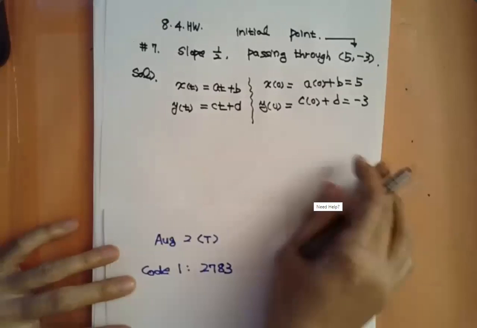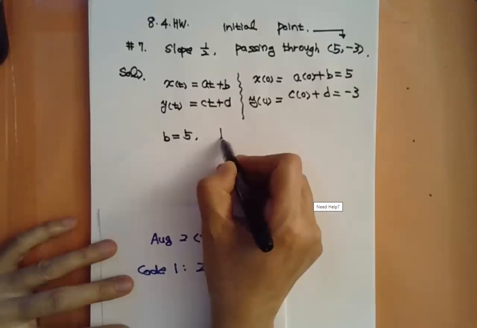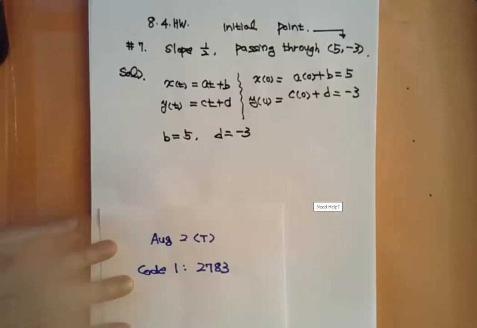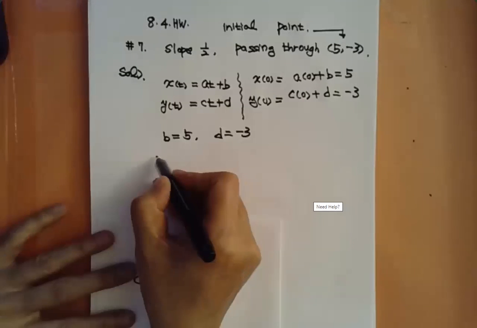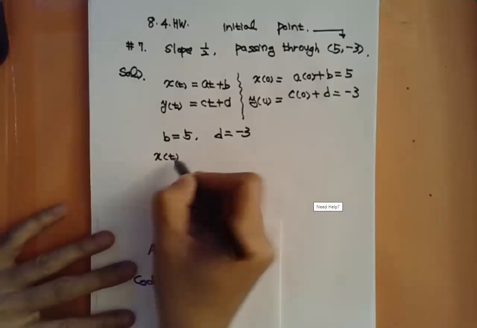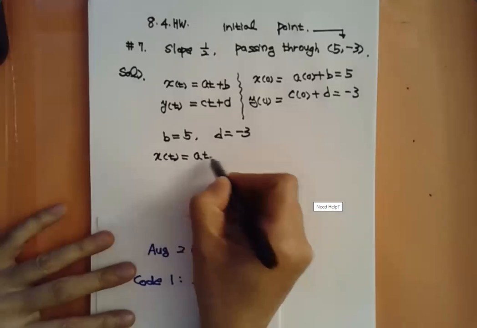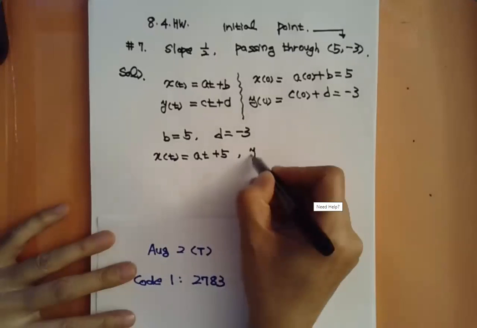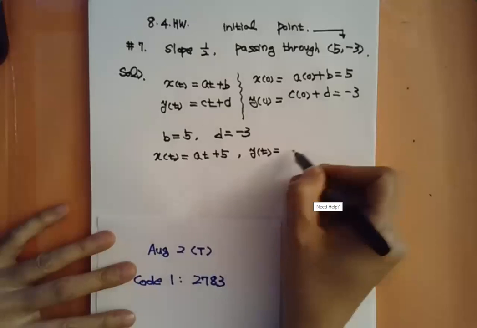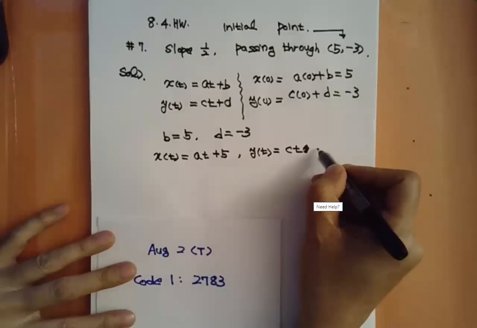So from there, we can say that b equals 5 and d equals minus 3. So we get x of t equals at plus 5 and y of t equals ct plus d is minus 3, right?